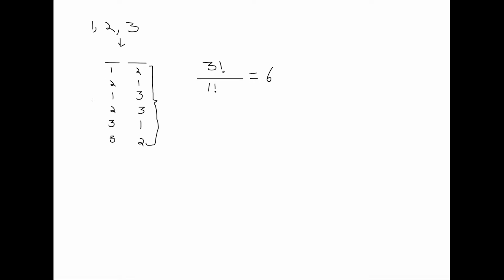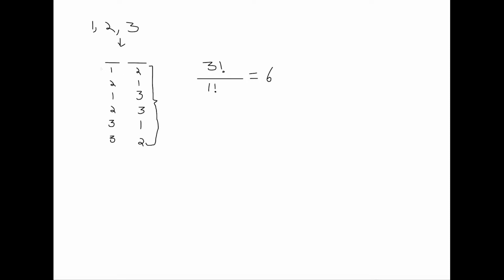Well, combinations are sort of like permutations, except they don't take into account the order of elements. So in this case, we have numbers as elements, right? So, for example, this 1 right here would be considered an element. This 2 right here would also be considered an element. All of these numbers here are considered elements. And combinations are sort of like permutations, except they don't take into account the order.